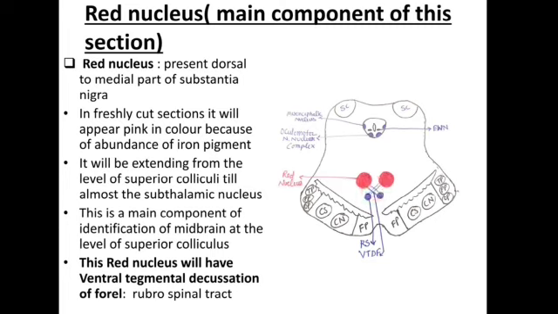This red nucleus will have the ventral tegmental decussation of Forel, which forms the rubrospinal tract. So red nucleus is the main component of this section at the level of superior colliculus, the main component of identification of midbrain at this level.